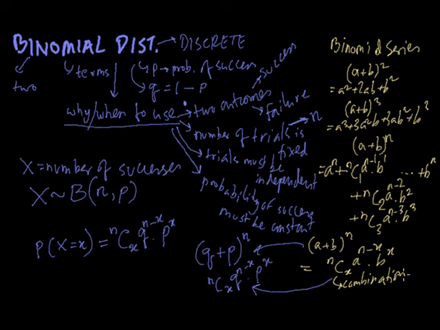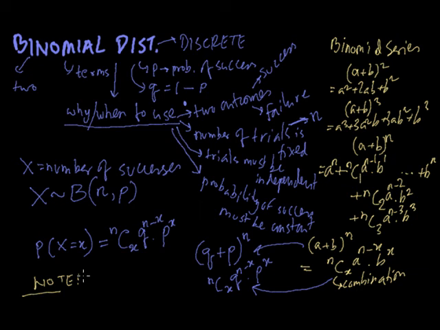One thing that must be mentioned about the binomial distribution, as additional information, is the expected value or the mean.